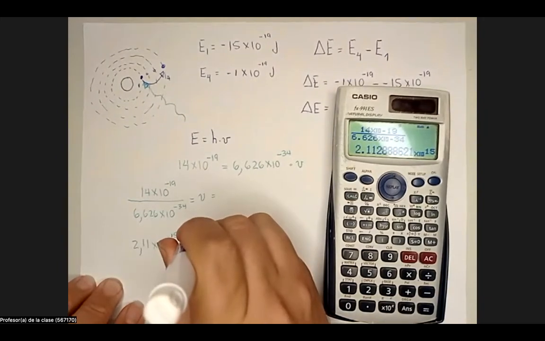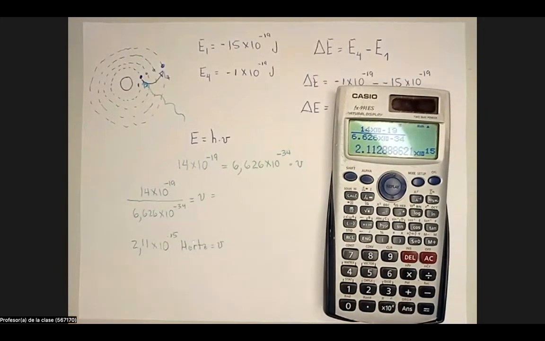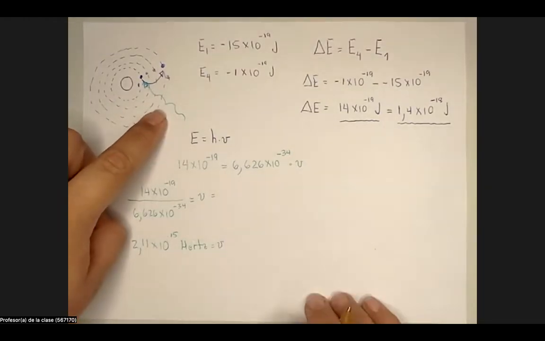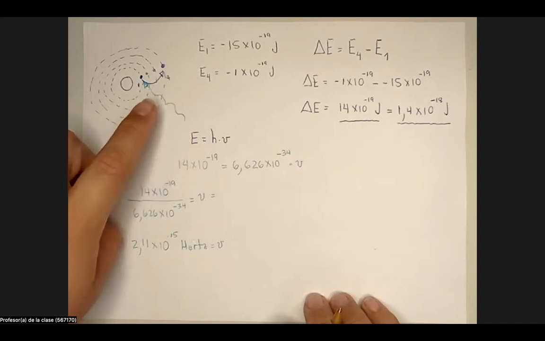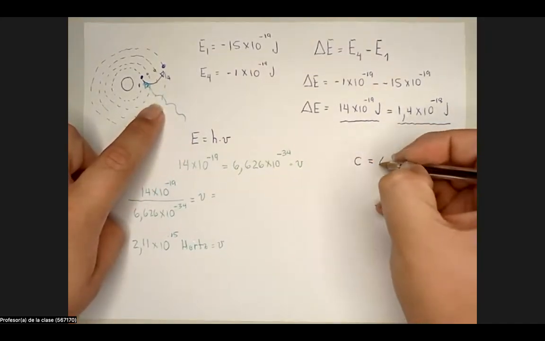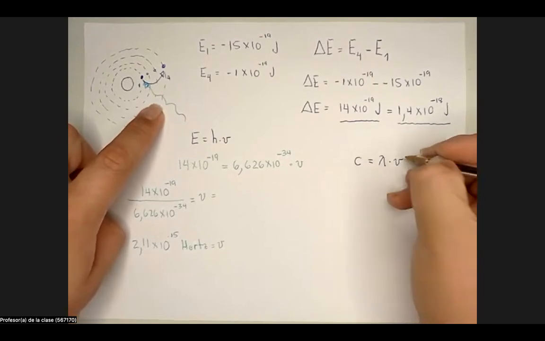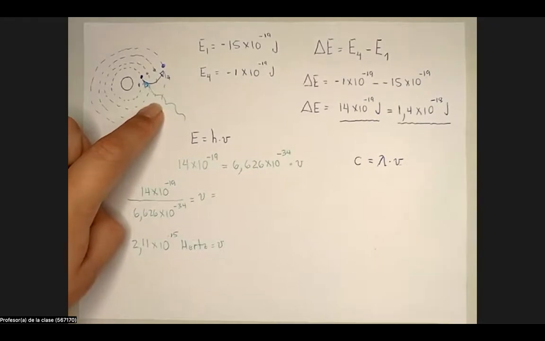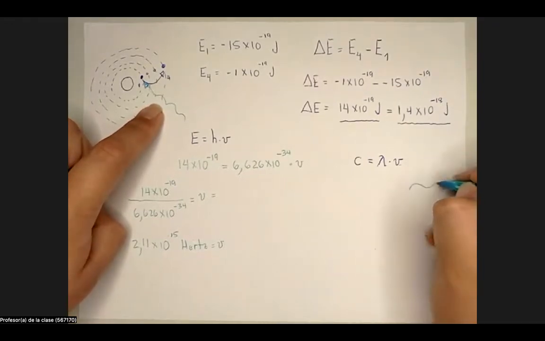But that is not the question in your exercise. Your exercise is asking you the wavelength. Oh yeah, of course. This is the energy of the photon, but also this is the relationship between the wavelength and the frequency of a photon.